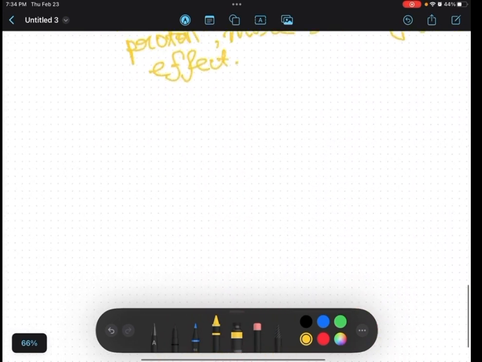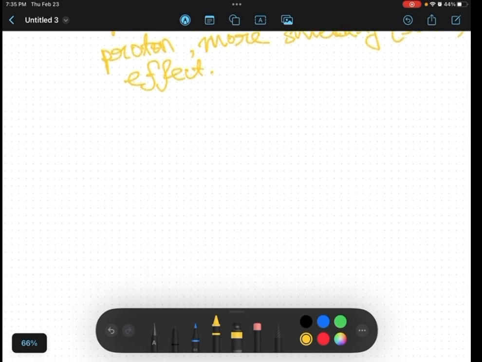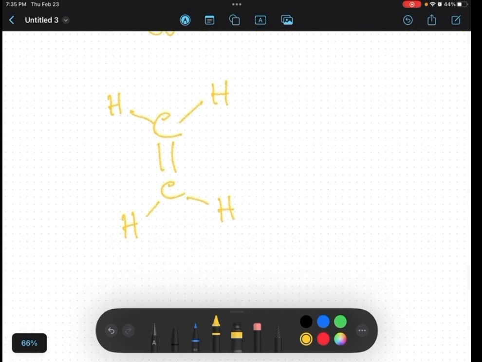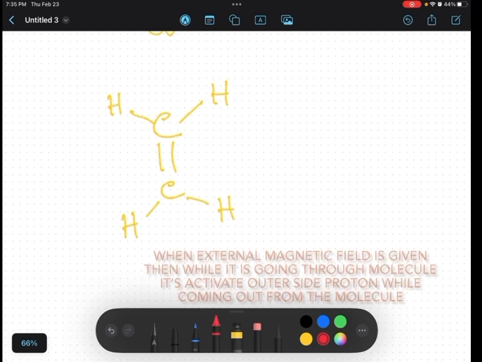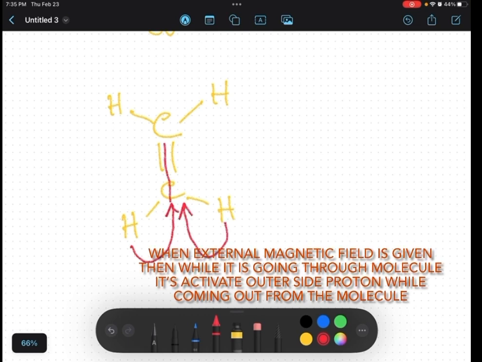So there are a couple more things since I am talking about shielding. Another thing is, sometimes molecules themselves produce a magnetic field. Like alkene type molecules, they are planar, so they produce some magnetic field around the molecule. You can think of it like it is making some magnetic effect through this bond, and then it is coming out this way.